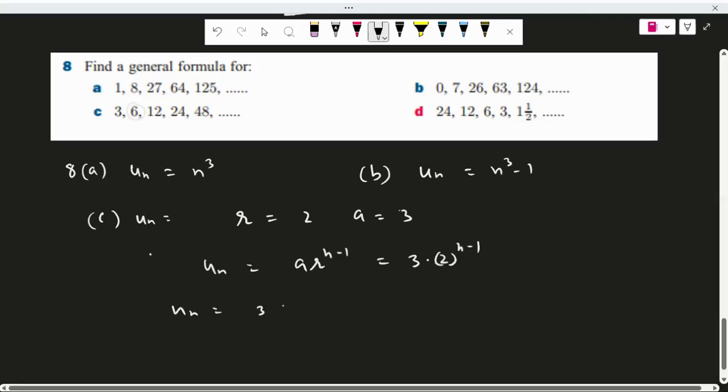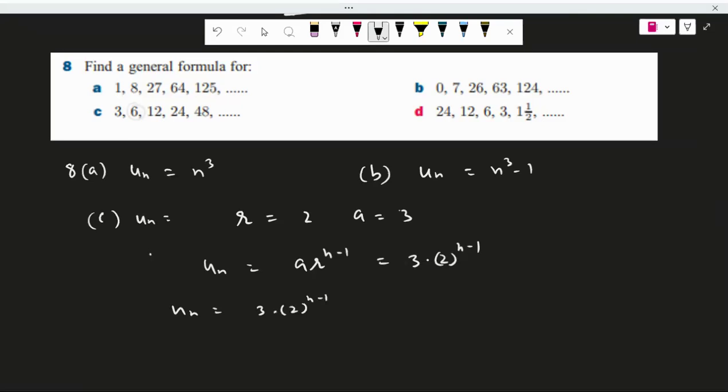Why was even I not able to give you the answer spontaneously? Because we were thinking about arithmetic sequence. We haven't bothered to think of the geometric part. So this will be the correct answer.